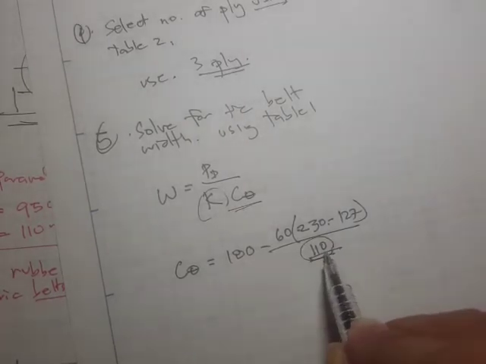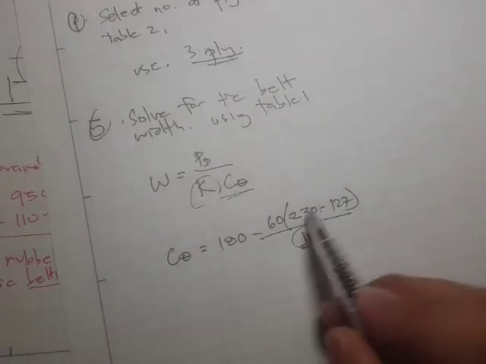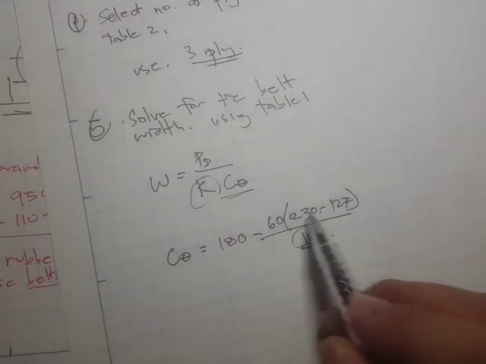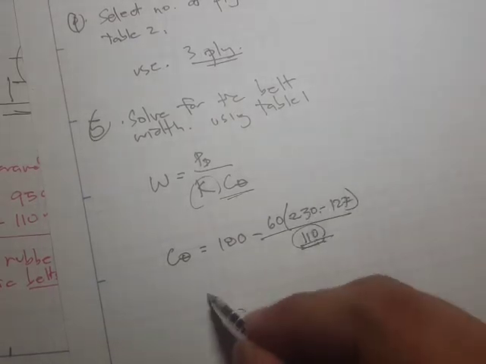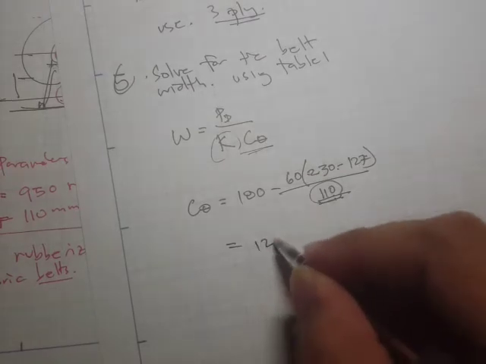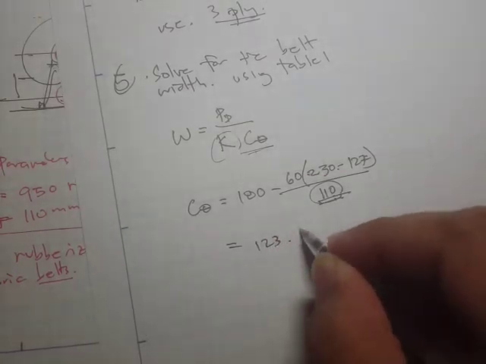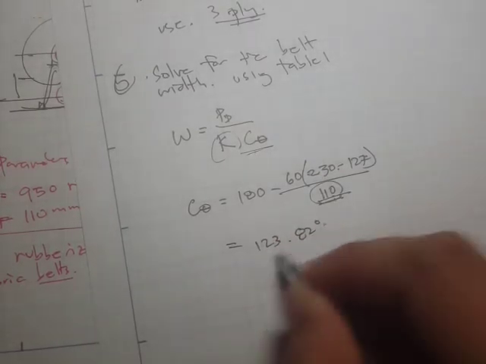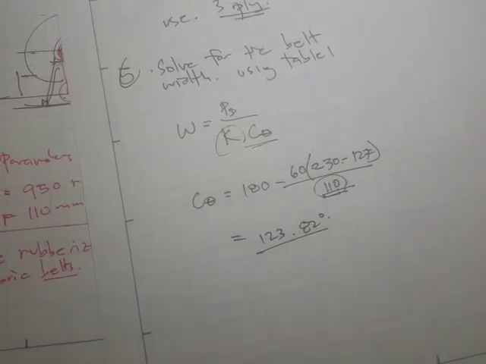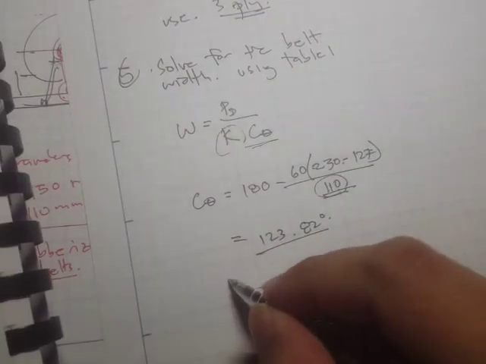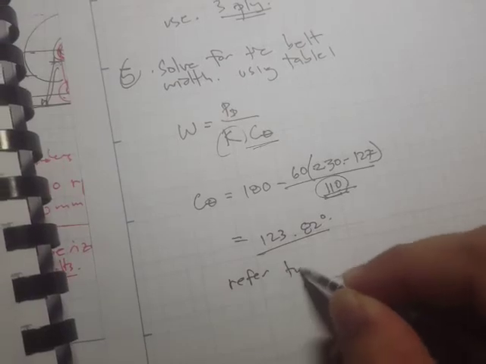Take note, here's our equation, center distance, and right here is the difference between the two diameters. And if we compute that, what we get is 123.82 degrees, so approximately 124, and refer to table 11.